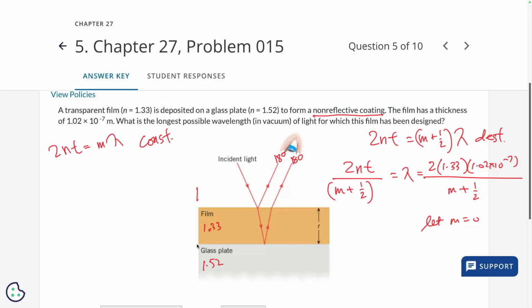Now, looks like that wavelength might not be in the visible. It's twice something in the visible range. Let's see. 1.33, 1.02 is 7. I already put the 2 in.